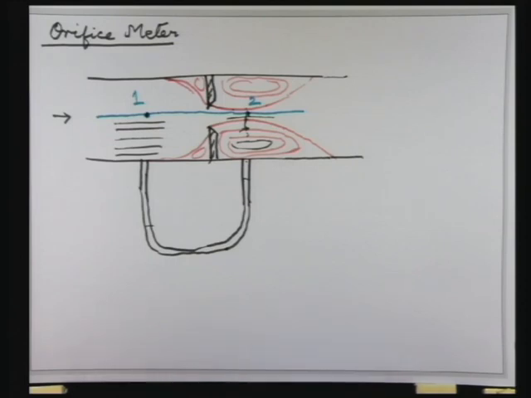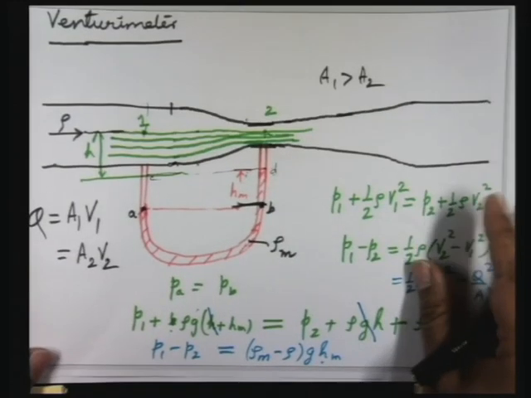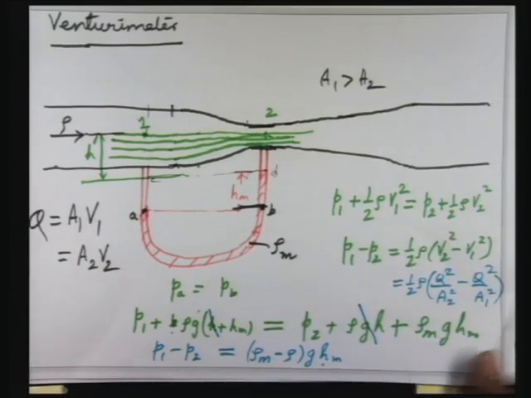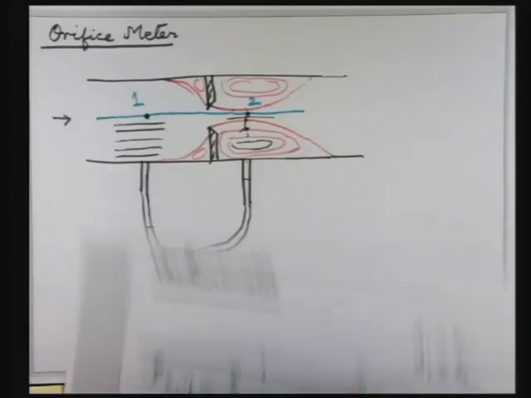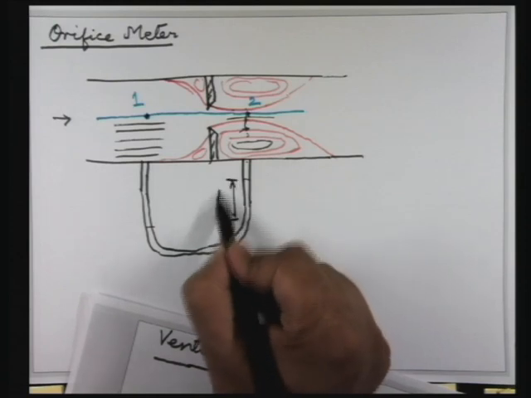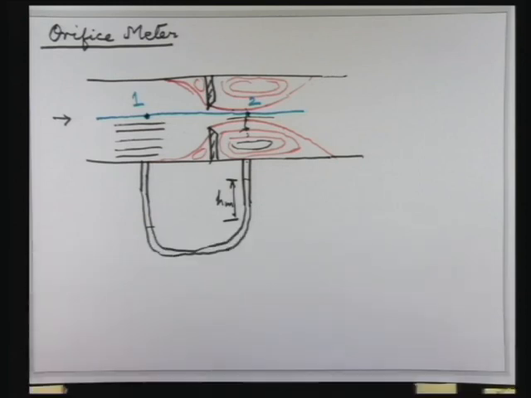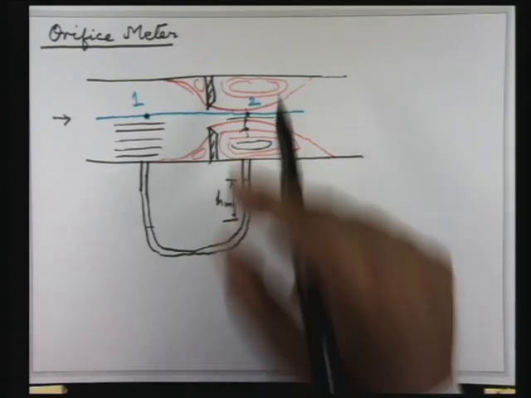Now, let us compare a venturi meter and an orifice meter. In both cases, ultimately what you are going to measure is this height, the deflection HM. And in any experimental measurement, you are going to have an uncertainty which is determined by the least count of your scale.